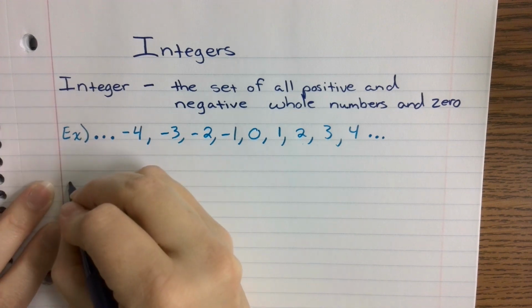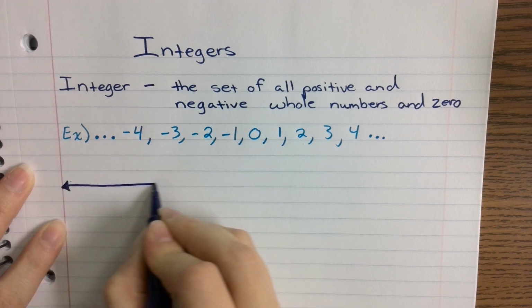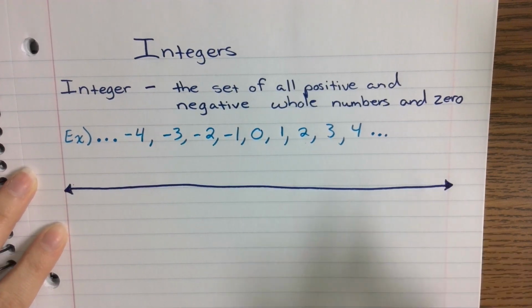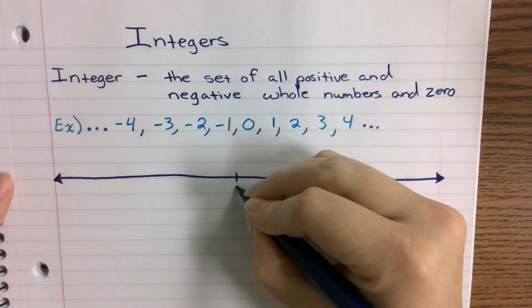If we were to look at it graphically, like on a number line, so I'm back to my pencil now, or your black pen. I've got my number line. Smack dab in the center of my number line is always going to be my 0.